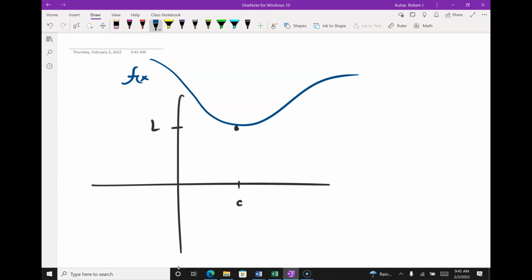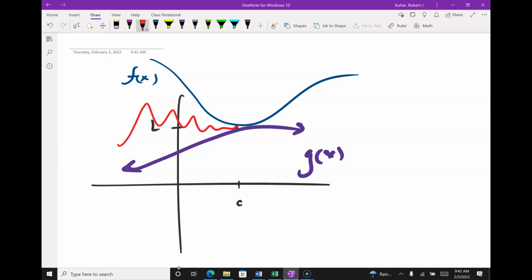So let's say this one's f of x, this one is g of x, and forgive my bad art, this one is h of x. You can see f of x and g of x are squeezing h of x. It's supposed to all be one point, too lazy. So it's clear that the limit of f of x is L, and g of x is L, so the limit of h has to be L. Does that make sense visually?